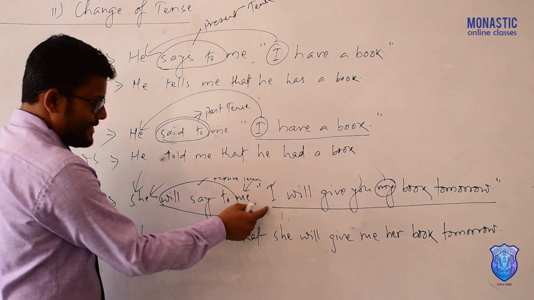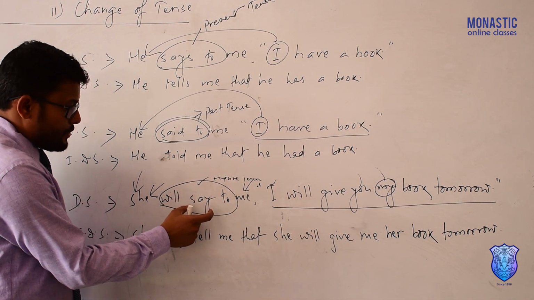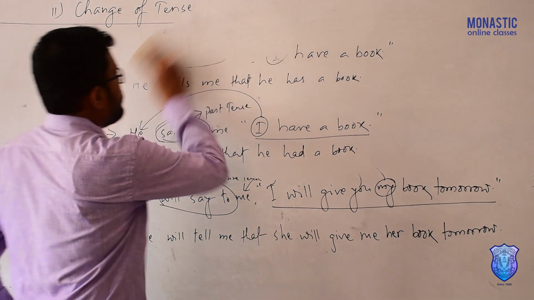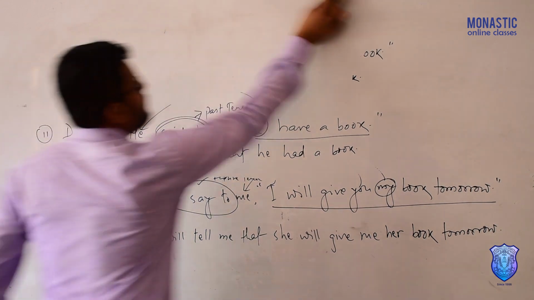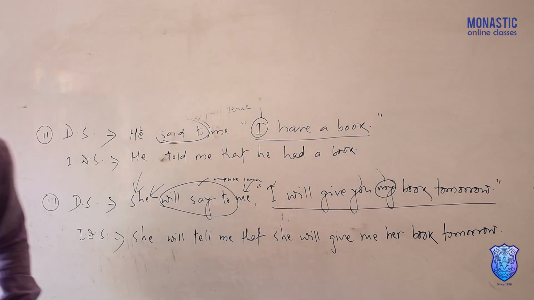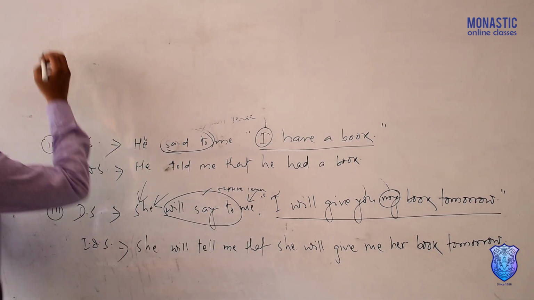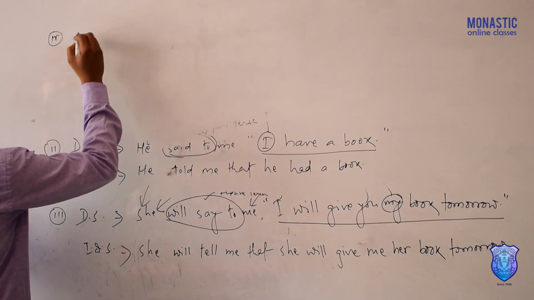I want to change this one by using the past tense form as the reporting verb, and see what you can get. I want to bring the same example here, but the reporting verb will be changed to the past tense form. This is example number 4.